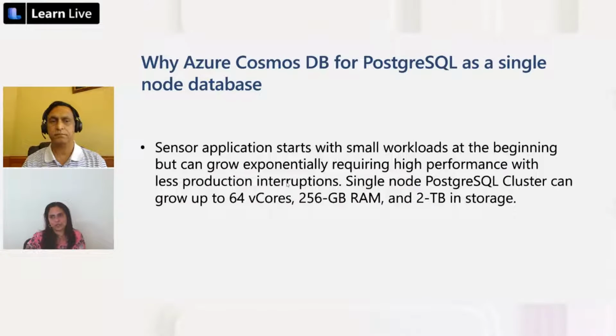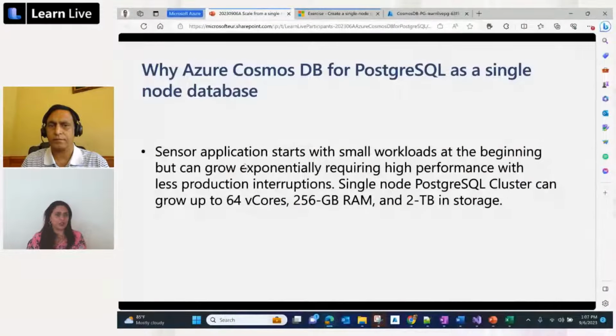So Azure Cosmos DB for PostgreSQL, as I said, is a single node database, right? So let's go to Srini and see, Srini, why do they want to use the single node database? Is our suggestion to them right, keeping in mind their use case?